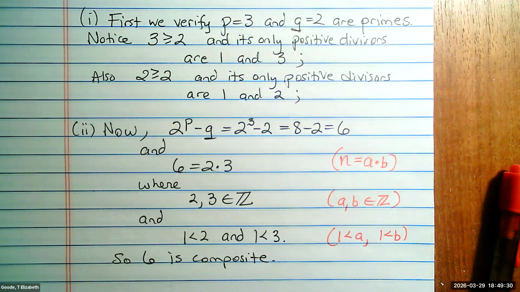But if you think about it, if both 1 is less than r and 1 is less than s, then the other one has to be less than n. So you don't really need these double inequalities. Knowing that 1 is less than r forces s to be less than n, and knowing 1 is less than s forces r to be less than n. So that's why I trimmed down that definition and just said 1 has to be less than r and 1 has to be less than s.